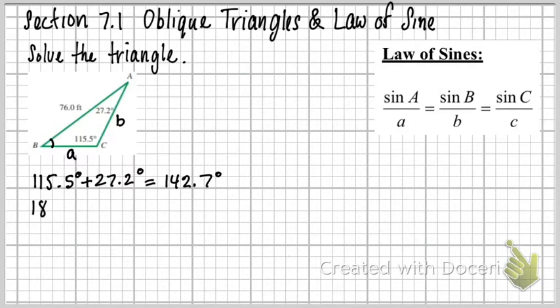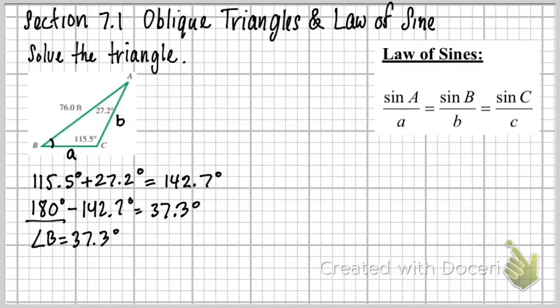Then I just take that 180 degrees and subtract the 142.7 degrees, and we get 37.3 degrees. Now again, we get this because we know the sum of all the angles of the triangle is equal to 180 degrees. So my angle B then turns out to be 37.3 degrees. So that's where that 180 comes from. Just keep that in mind. We're going to use that a lot for a lot of these solving the triangle problems.